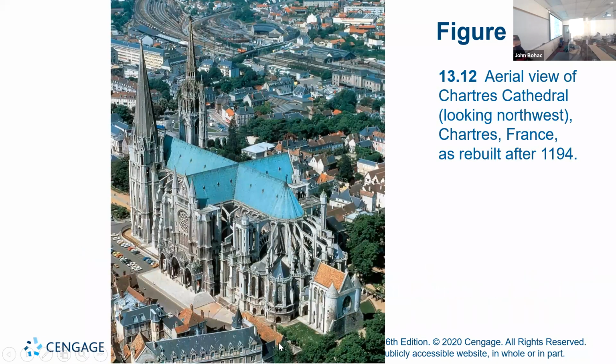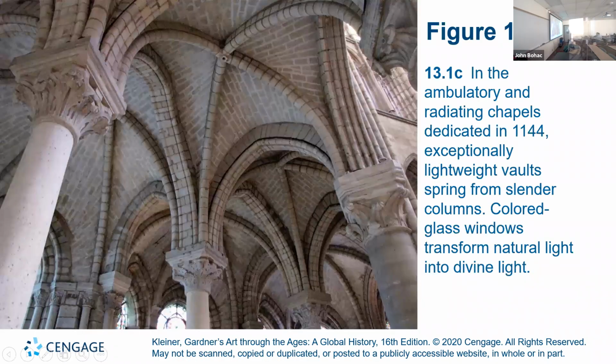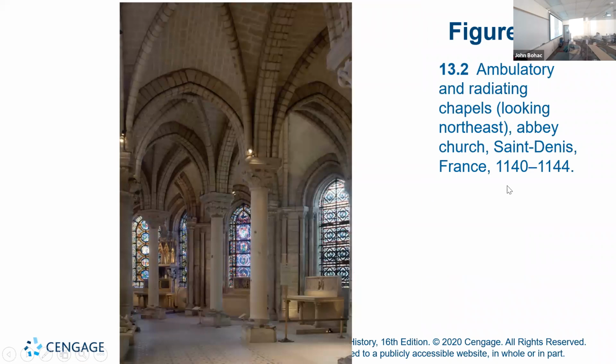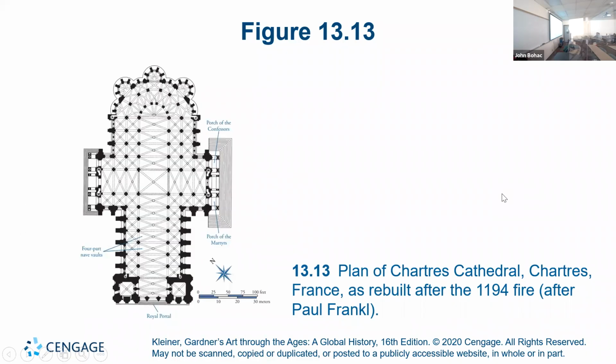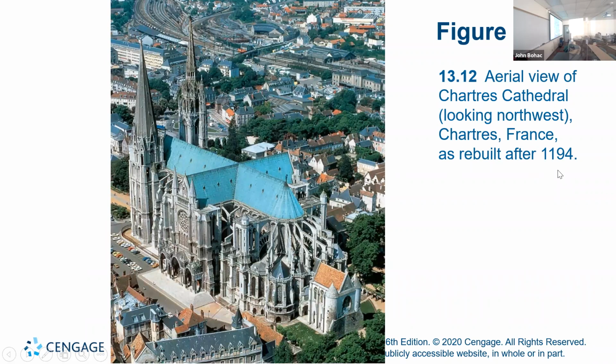And here's what it looks like on the outside. Chartres, in terms of how it's built, becomes even higher. Their technology is growing. We saw this in Saint Denis, 1140, 1194. 50 years.